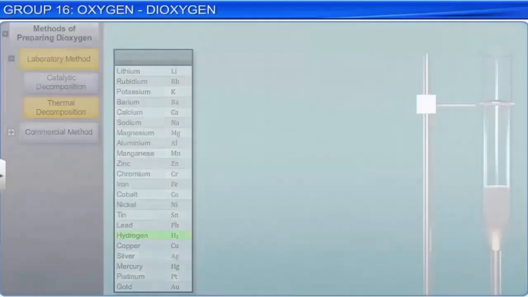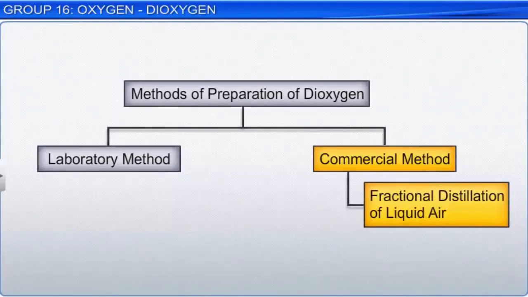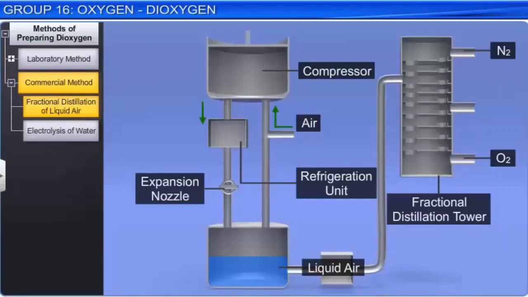Commercially, dioxygen is prepared by either the fractional distillation of liquid air or by the electrolysis of water. To prepare dioxygen from air, air free from water and carbon dioxide is first liquefied.